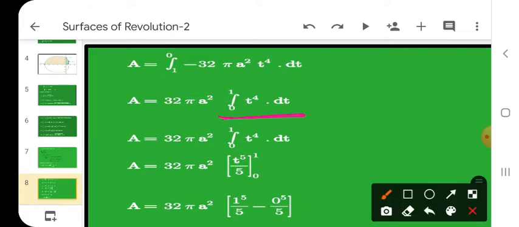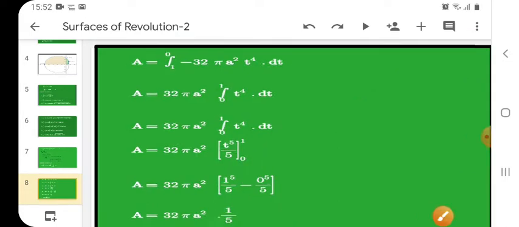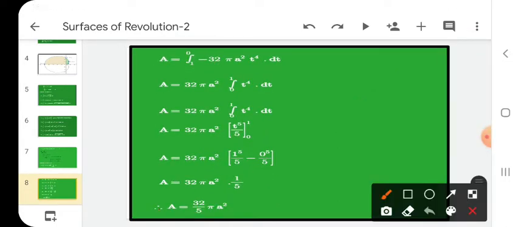The integration of t power 4 is t power 5 by 5, with limit values 0 to 1. First substitute 1 in t place, we get 1 power 5 by 5. Next we substitute 0, we get 0 power 5 by 5, which is 0. So 1 power 5 by 5 means 1 by 5. 32 pi a square into 1 by 5 is the surface area of the given solid.